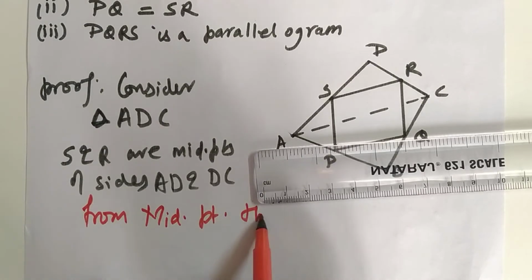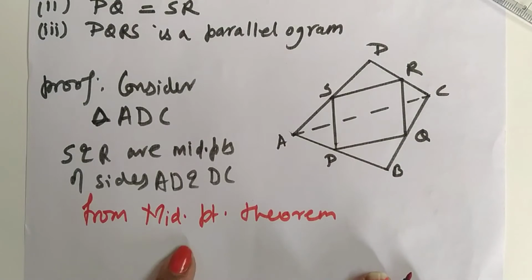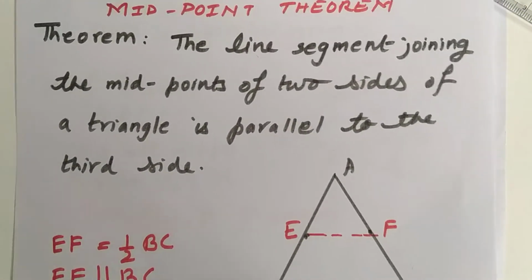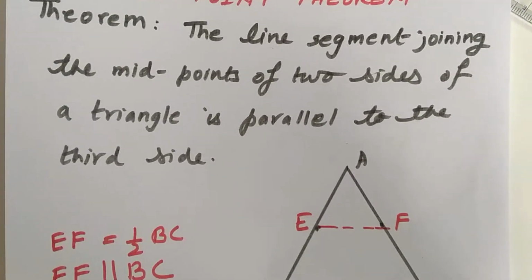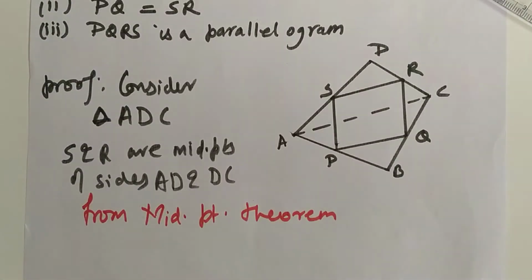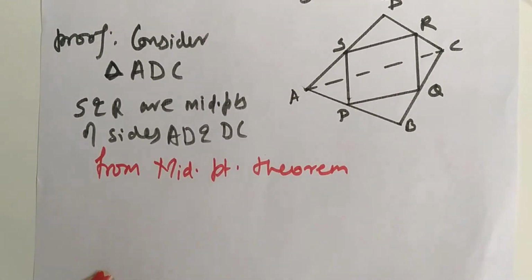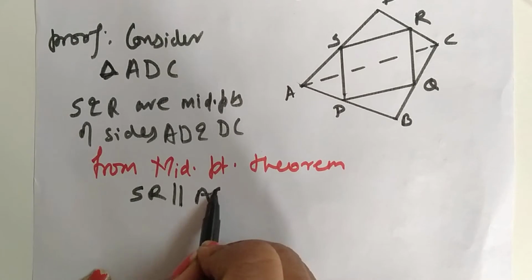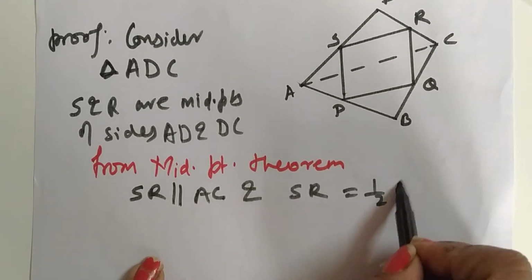Now from the midpoint theorem, which we have just discussed, if we join the midpoints of two sides of a triangle, it will definitely be parallel to the third side and half of the third side. So from the midpoint theorem, SR will be parallel to AC and SR is equal to half of AC.